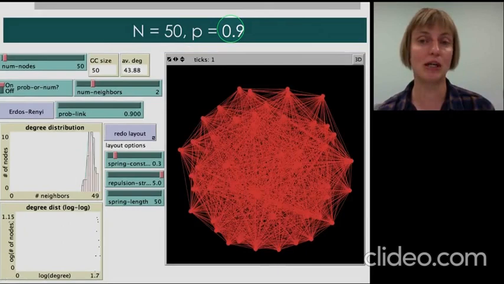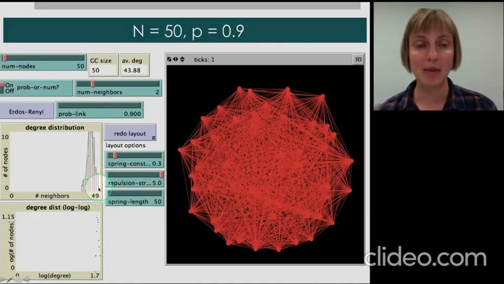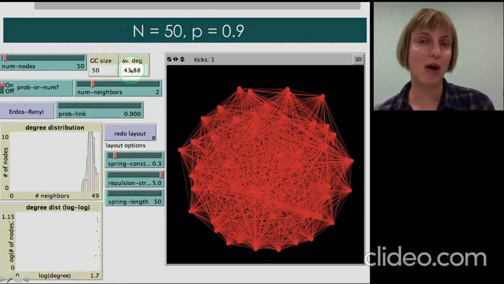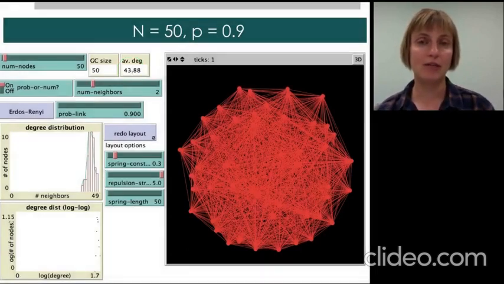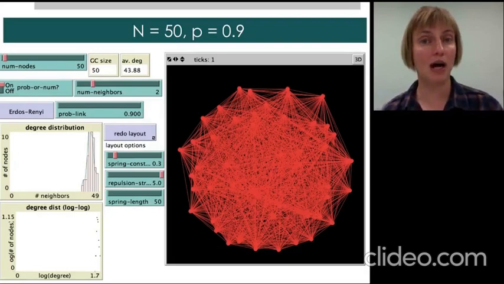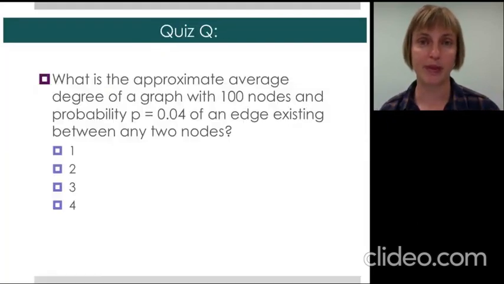That is, 90% of pairs of individuals are acquainted in this network. And now you do have several individuals having the maximal degree, but that maximal degree is not that different from the average. So in an Erdős-Rényi random graph, the degrees of the nodes tend to be pretty similar. You don't have one node having degree 49, which we might call a hub, and everyone else having degree 1 or 2.